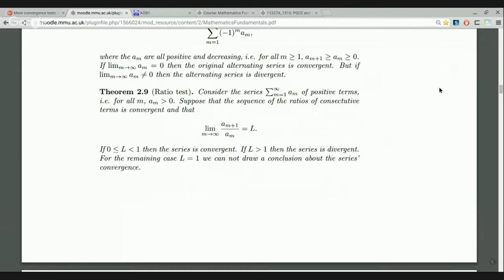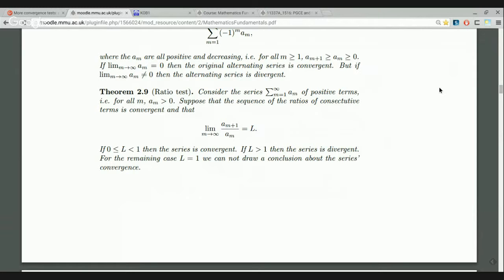If that relative relationship between successive terms, i.e. the ratio, is a convergent sequence and converges to a limit, then we'll probably be able to draw a conclusion about the series. So the conclusion is based on considering the value of the limit L. If L lies between 0 and 1, remember there's the additional consideration here that the terms of the series are all positive.